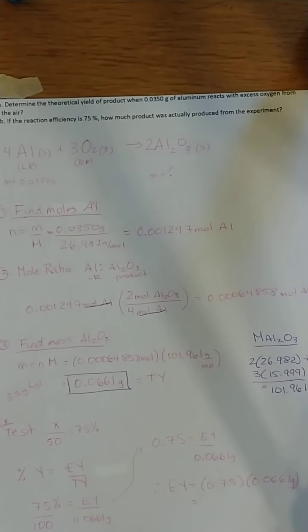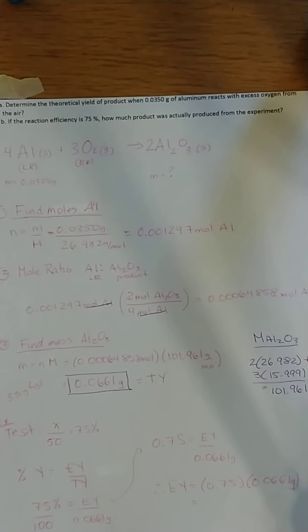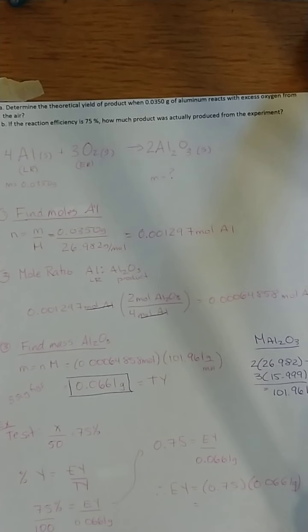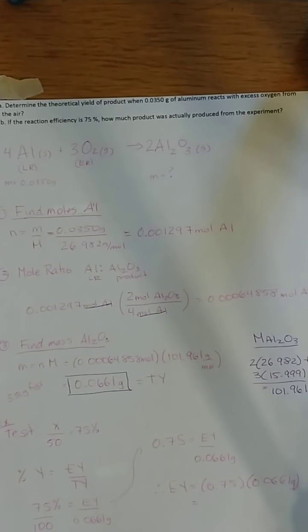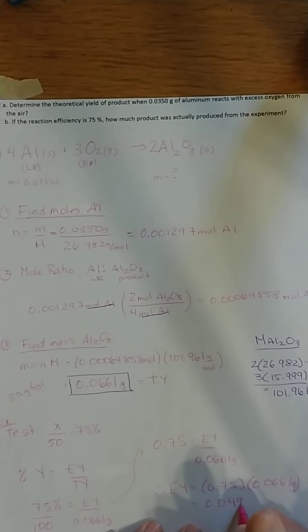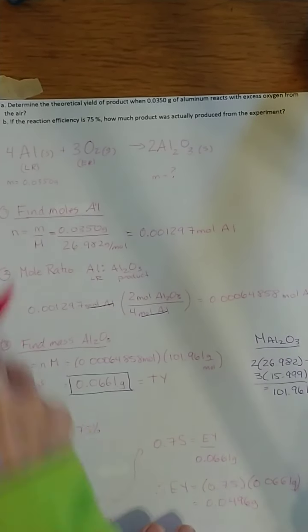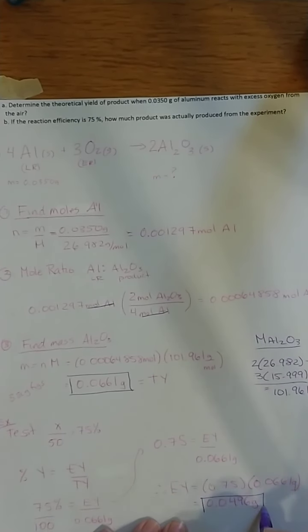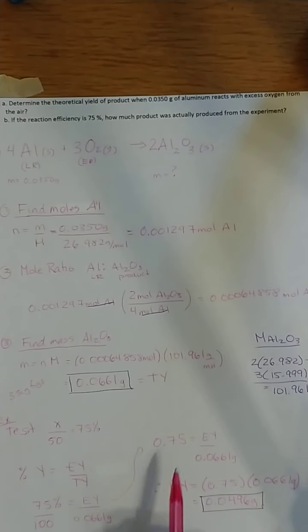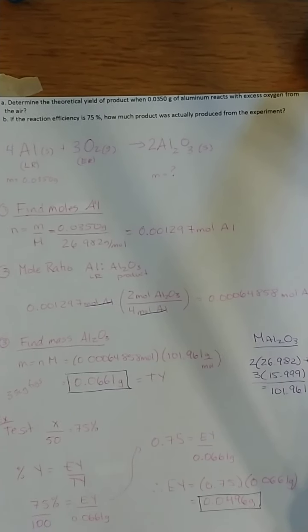Okay, so we're going to take our 0.75 and multiply it by 0.0661, and you'll get 0.0496 grams. So that's your empirical yield. So if you take your 0.0496 grams and you divide it by 0.0661 grams, you will get 75%.